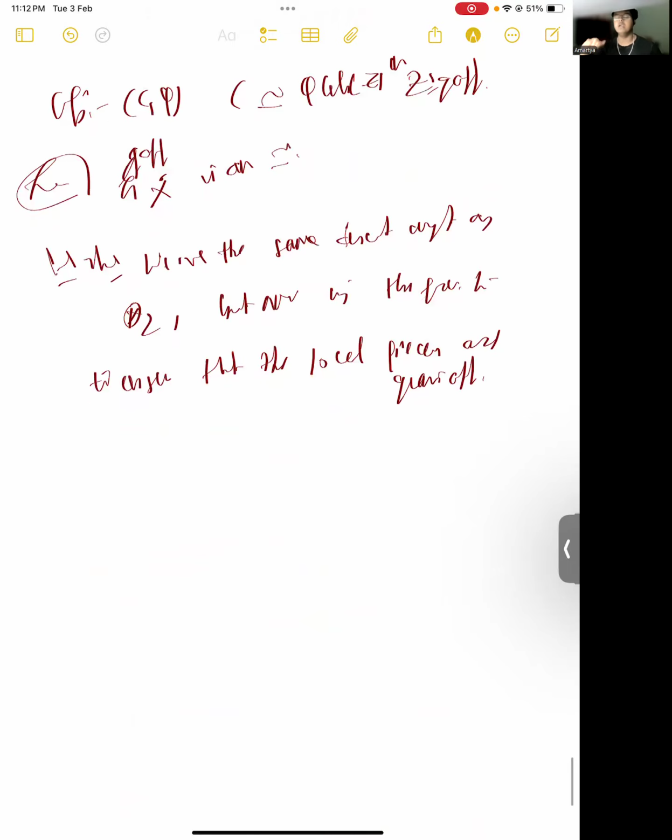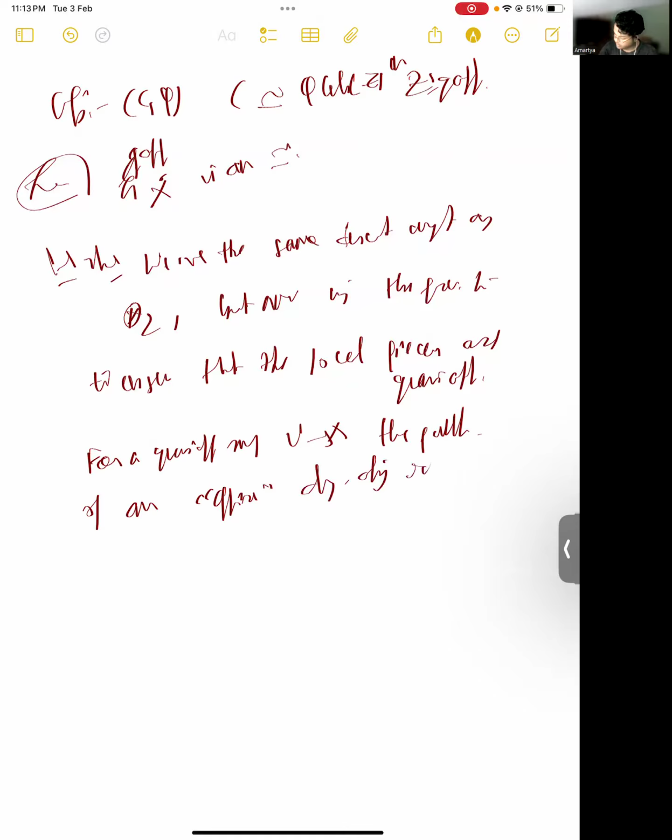I mean, the key is that for a quasi-affine map, say from U to X, the pullback of an affine algebra object remains a quasi-affine algebra object.